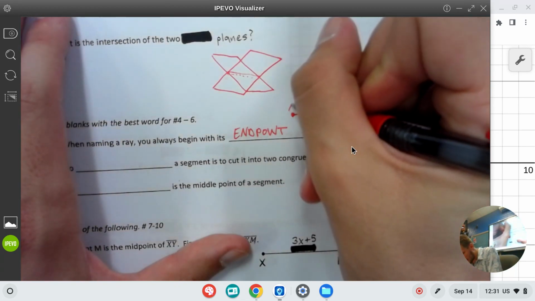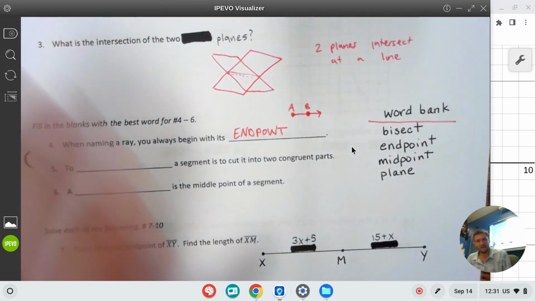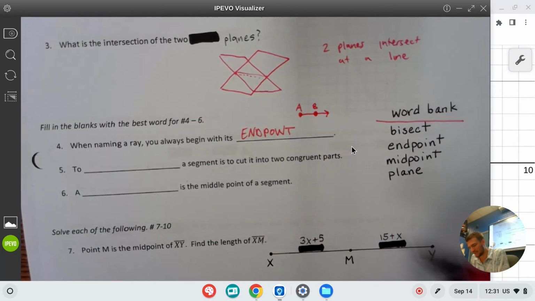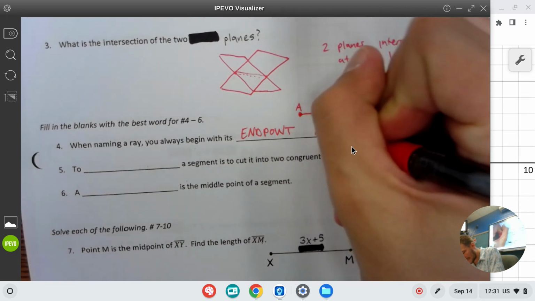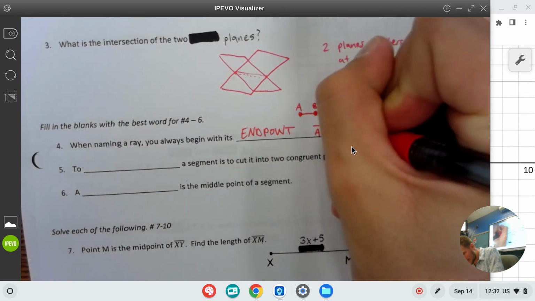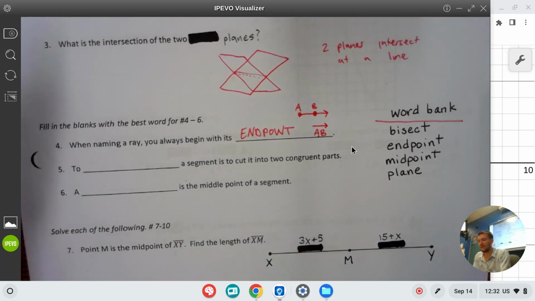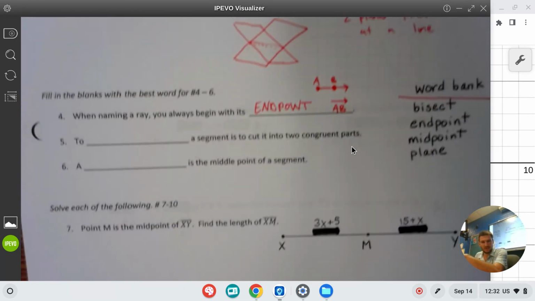And so if I call these A and B, we have to list the one that's at the end first. We could call this ray AB. Make sure that the one on the end comes first.